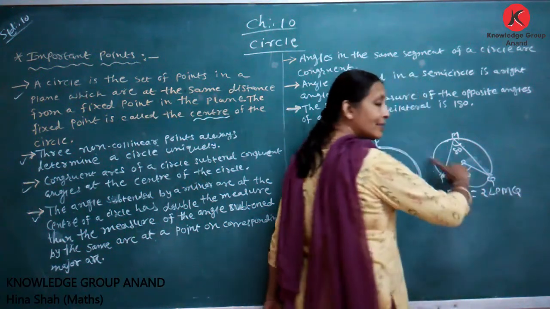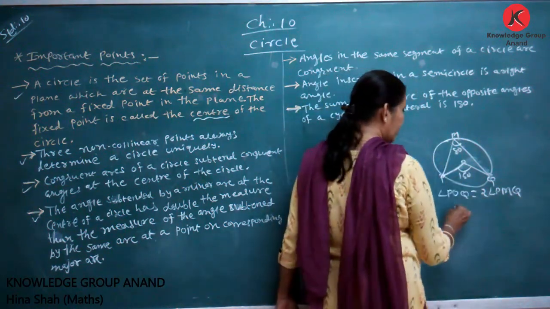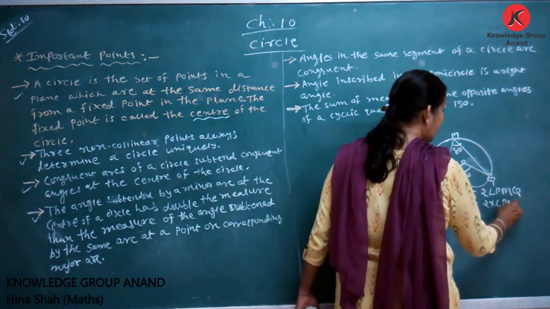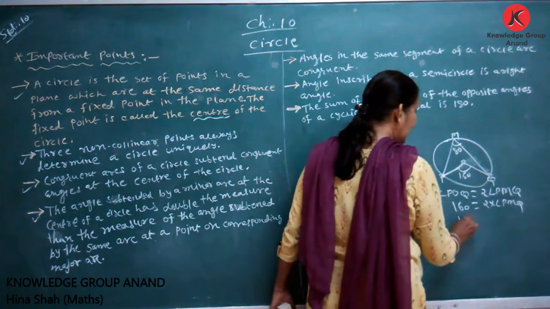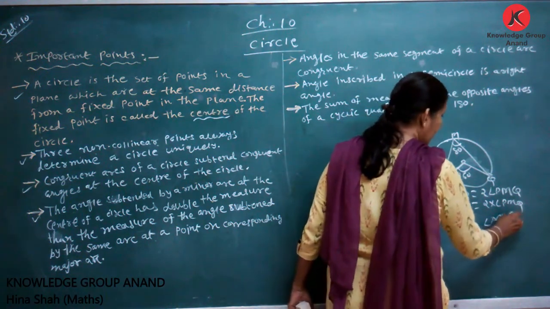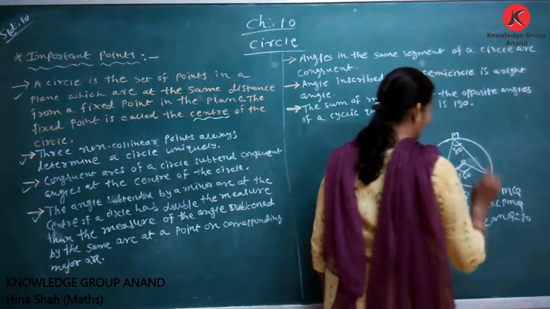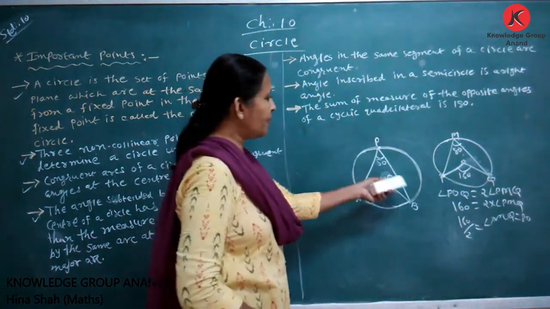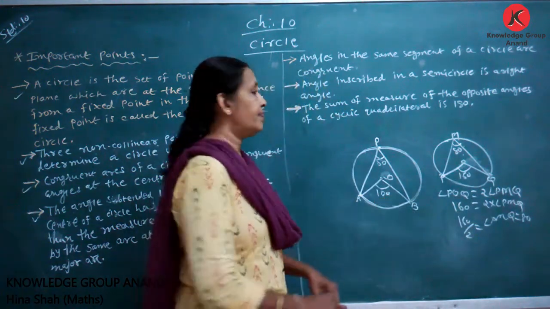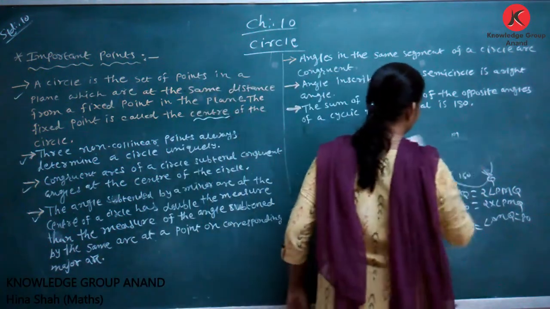Therefore, 160 is equal to 2 into angle PMQ, and 160 divided by 2 gives angle PMQ equal to 80. In this formula, we put 50, and 2 into 50 is equal to 100.